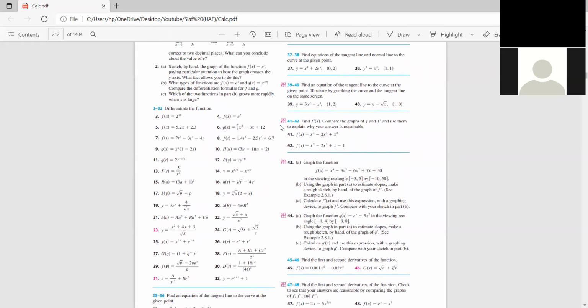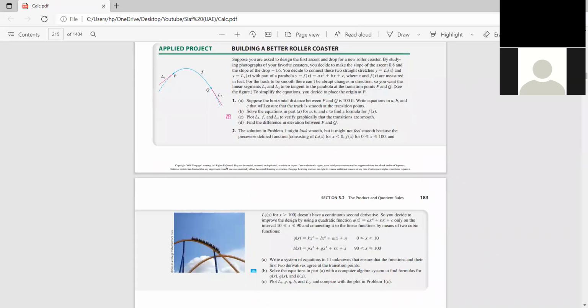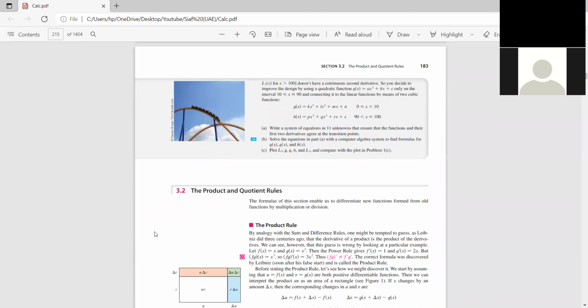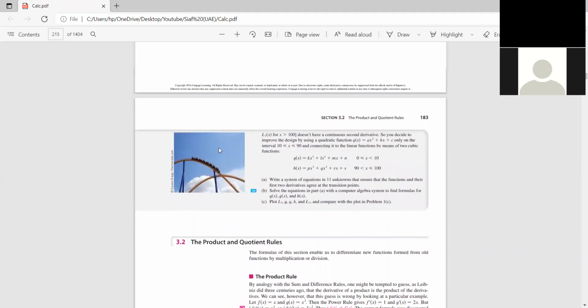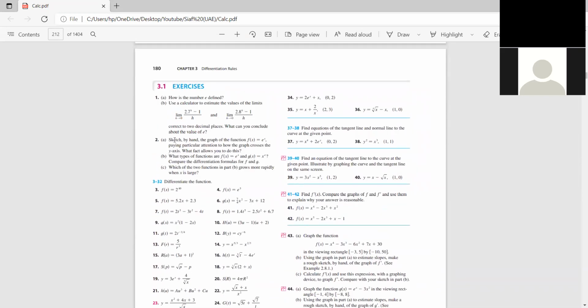You can also do today's? Yeah, some of the rules from today, because we were doing 3.2 today. Today's topic will be covered in exercise 3.2. Yesterday's topics will be covered in exercise 3.1.